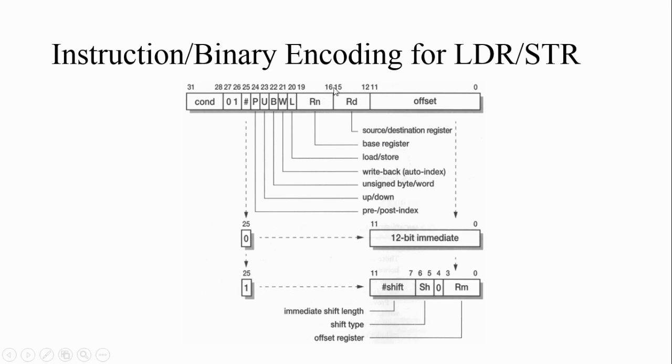There are 4 bits: 16, 17, 18, 19. Using these 4 bits, you can select any one of the 16 registers. If you are storing the base address in, say, R1, what will this value be? 0001. So 0001 represents register 1, R1.